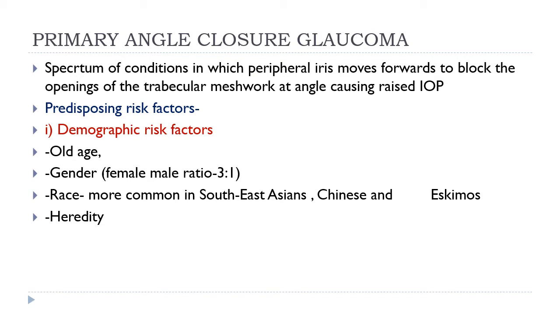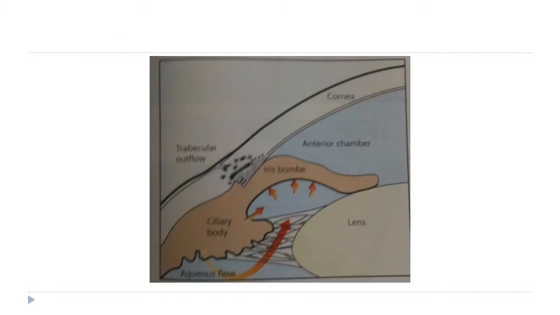Gender: in females, the angle seems to be comparatively narrower than in males. And in races, most Asians and Chinese have a narrow angle, and it runs in families.